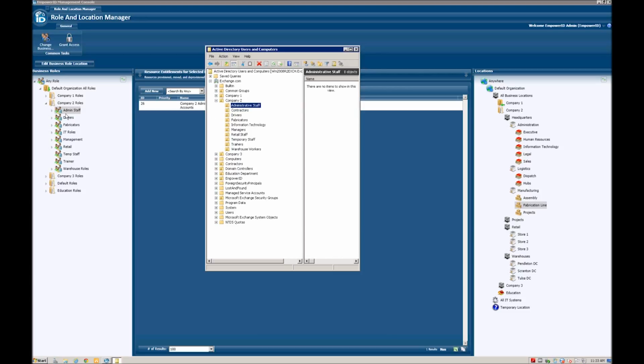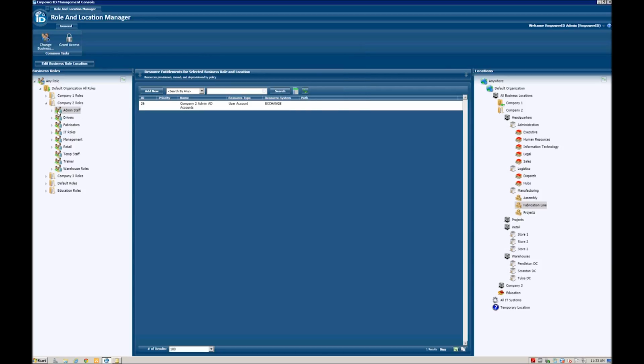All right, so it doesn't matter how detailed I get underneath my admin staff. I can create as many job functions and roles as I need under my admin staff, but my assignment for the resource entitlements for Active Directory can pretty closely tie back into the Active Directory if I do it at this particular administrative staff level in my role structure. So that's where I've gotten my basic role structure from, my higher level parent roles.